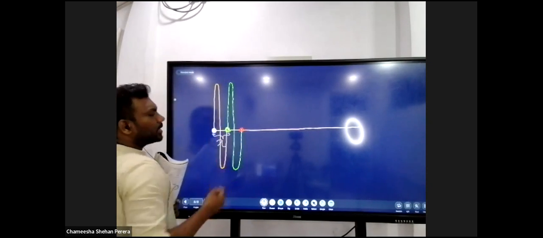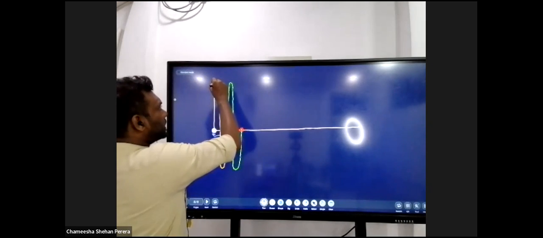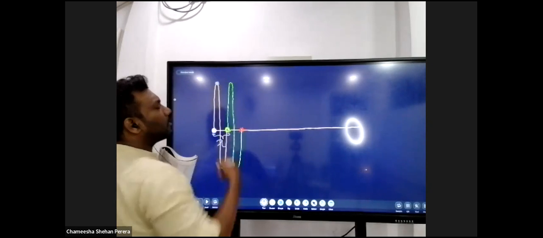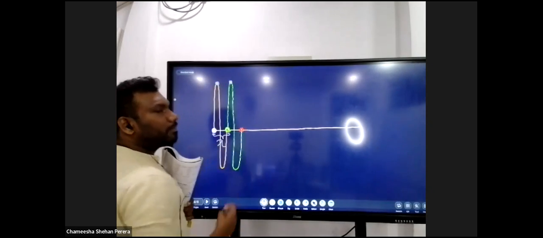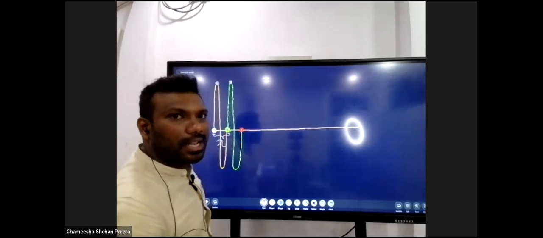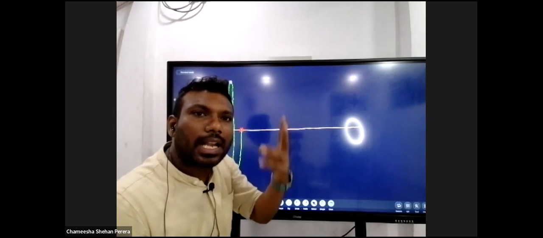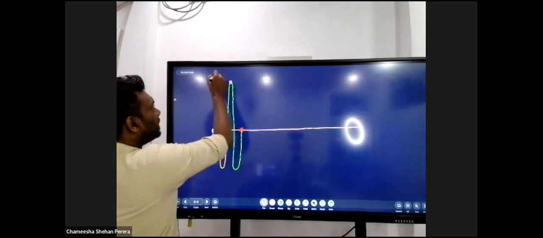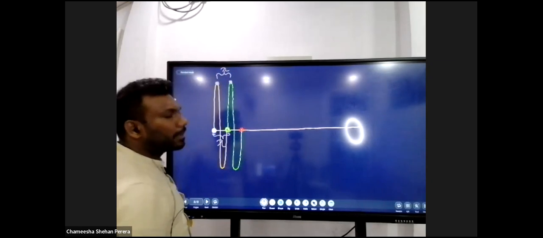And then this is a crest, the position of the particle. This is another crest which is consecutive to the previous. These two adjacent crests have particles with the same state of motion. Then the length between the two consecutive crests can also be considered as wavelength.